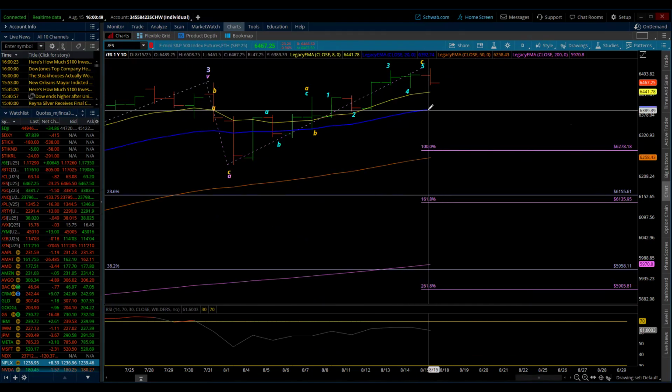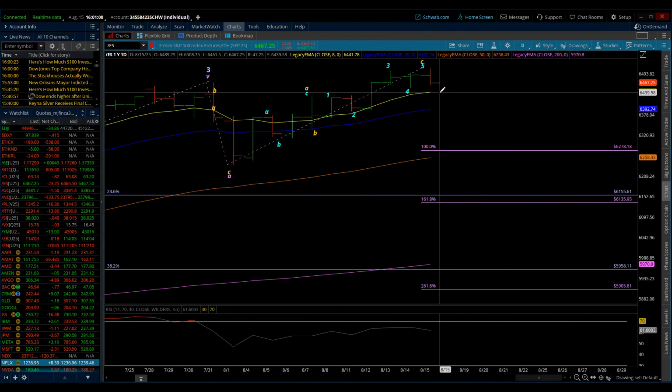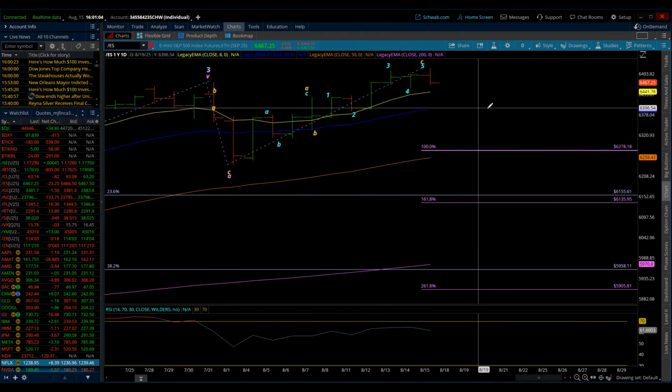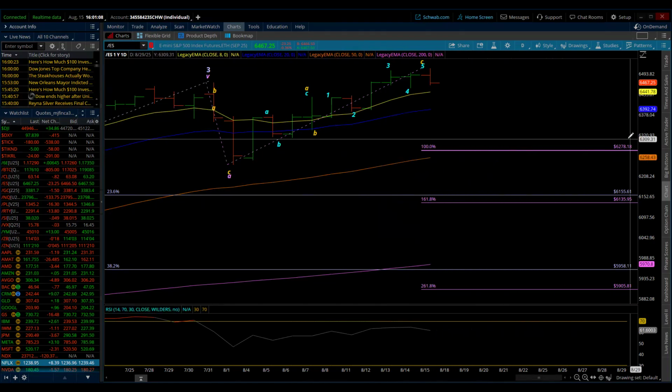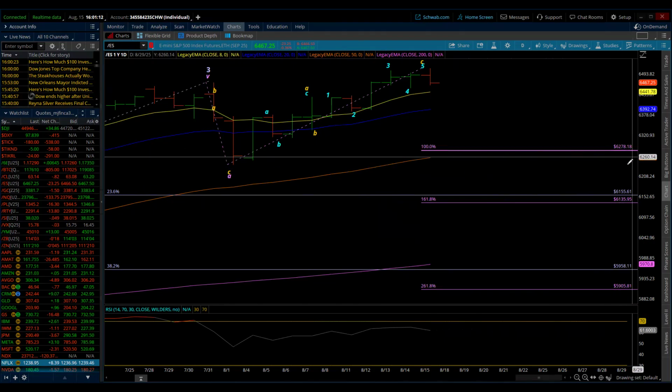But the ones to watch now, if we start to come down, we have the 20 sitting at 63.93 approximately. So I think if we're going to flounder up here, then 63.93 will start to go flat. So that 20 will start to go flat. This 50 will start to go flat just below that support, that fib support at 62.78.